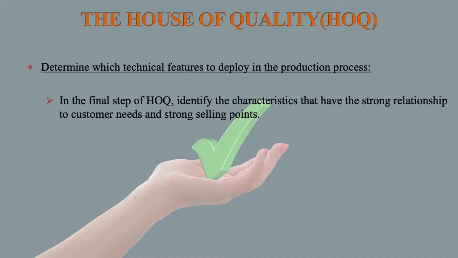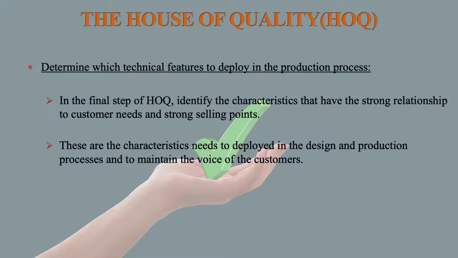So now, up to the 5th step, we have identified the customer requirements and we have converted them into technical requirements, which need to be deployed in the production process. So which technical features to be deployed in the production processes. In the final step of house of quality, identify the characteristics that have a strong relationship to customer needs and strong selling points.